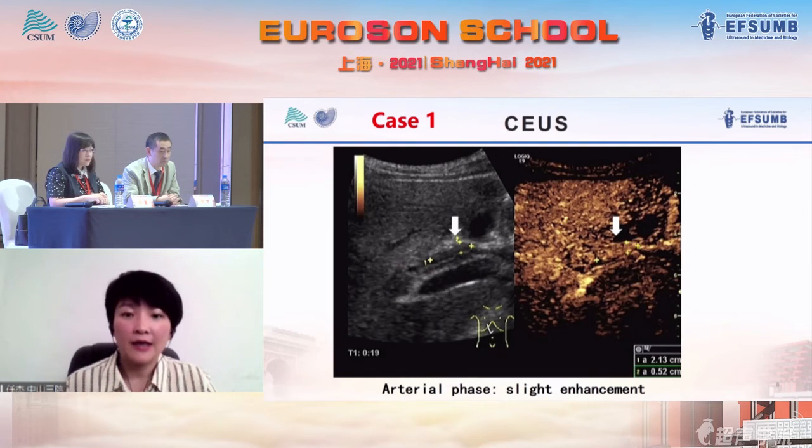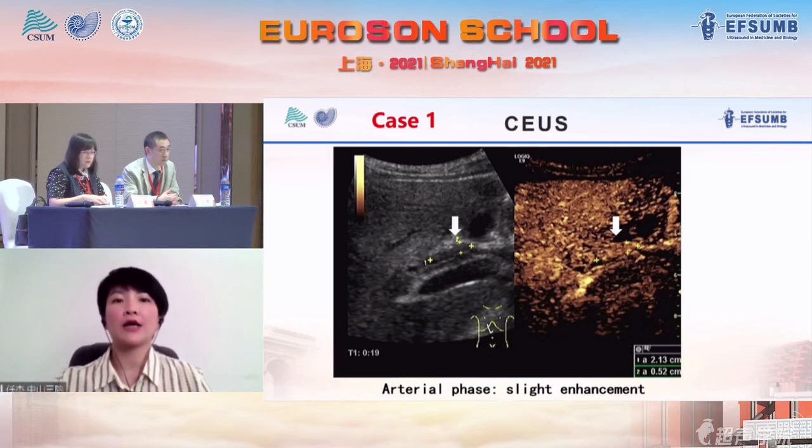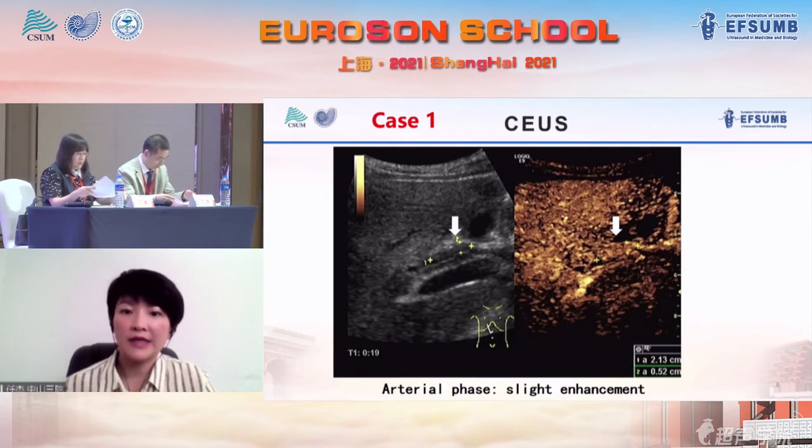Next slide. We can see the hilar bile duct wall, like this, thickened, and during the artery phase, a slight enhancement of the hilar bile duct wall was observed, but it's worth noting that the wall of the bile duct was continuous, and the boundary with the surrounding liver parenchyma was clear.